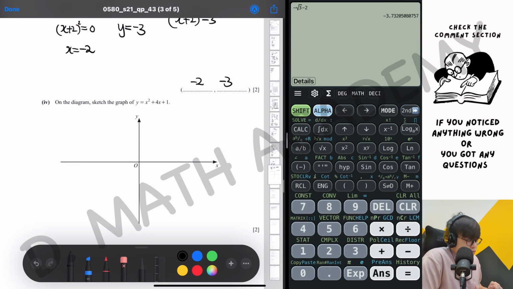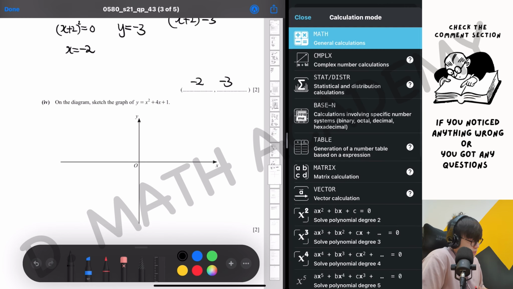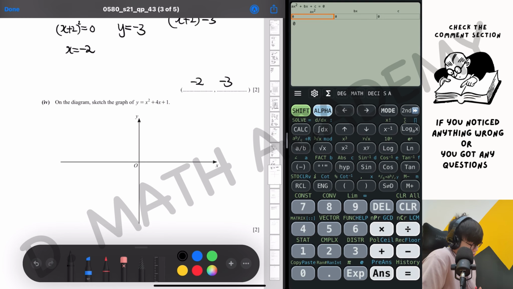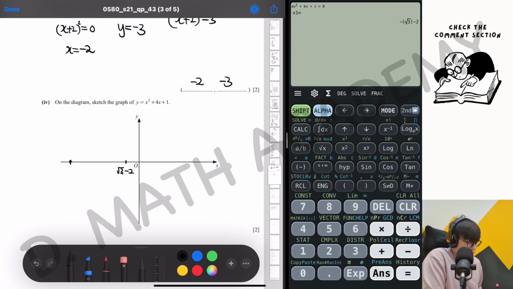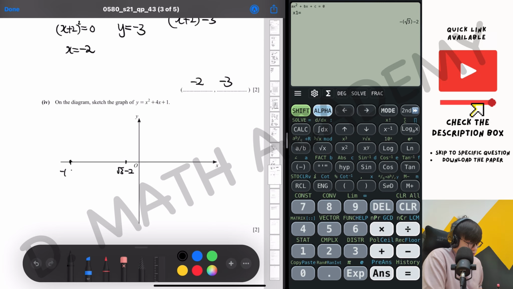So they wanted you to sketch the graph. A couple of things that you can write down will be by first factorizing it. We know that both of the results are actually in the negative section. This one will be our square root 3 minus 2, and the other one is actually our negative square root 3 minus 2.